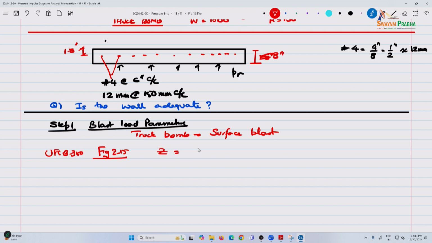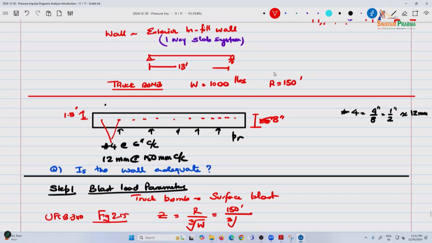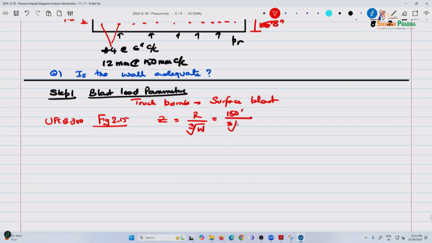So Z is R by cube root of W, which is 150 feet by cube root of the weight, which is 1000 pounds. So this is 15 feet.